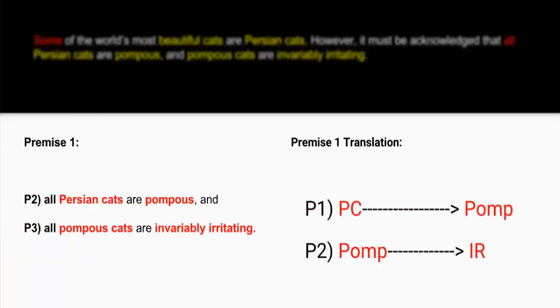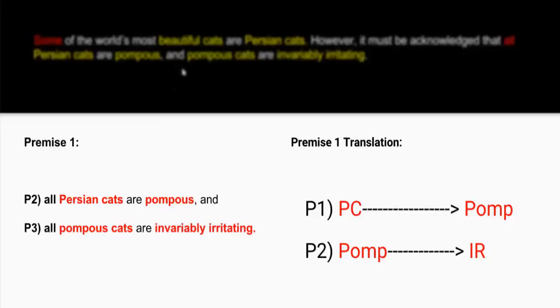Okay, so now premise 2 tells you, however, it must be acknowledged that all Persian cats are pompous, and pompous cats are invariably irritating. Okay, so now we basically have two sentences that are joined together by a conjunction here. This is basically an and statement. An and statement in logic is called a conjunction.